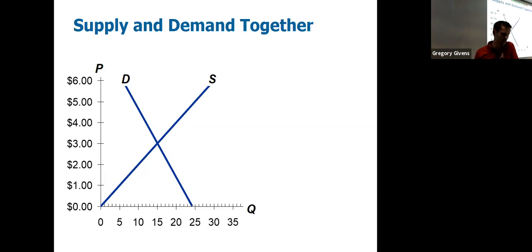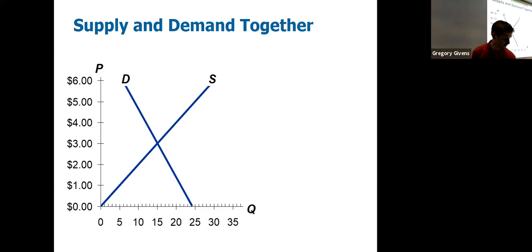It does not, however, tell us what the exact price or quantity is going to be in a market. Just by looking at the demand curve, we can't figure out what the price is going to be. Nor can we just look at the supply curve by itself and determine what price and quantity are going to be in most circumstances, right? The supply curve just traces out a relationship between price and quantity supplied. If we want to think about what actual prices are going to prevail in a market setting, we need to interact supply and demand together.